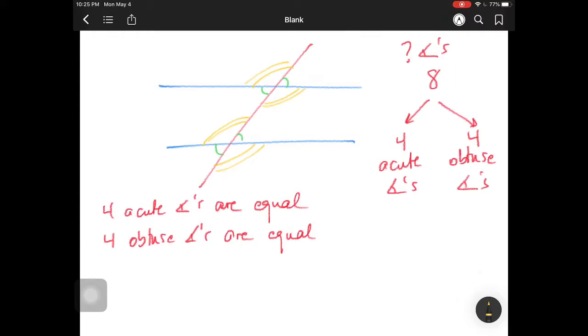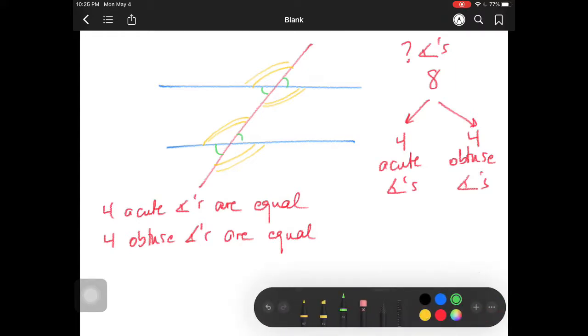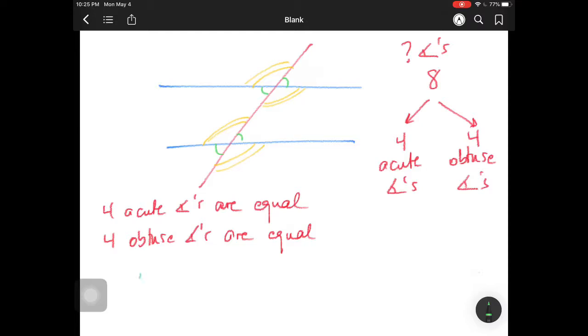And one last thing you need to know is that if you choose any of the acute angles and add it to any of the obtuse angles, the sum will be 180 degrees.